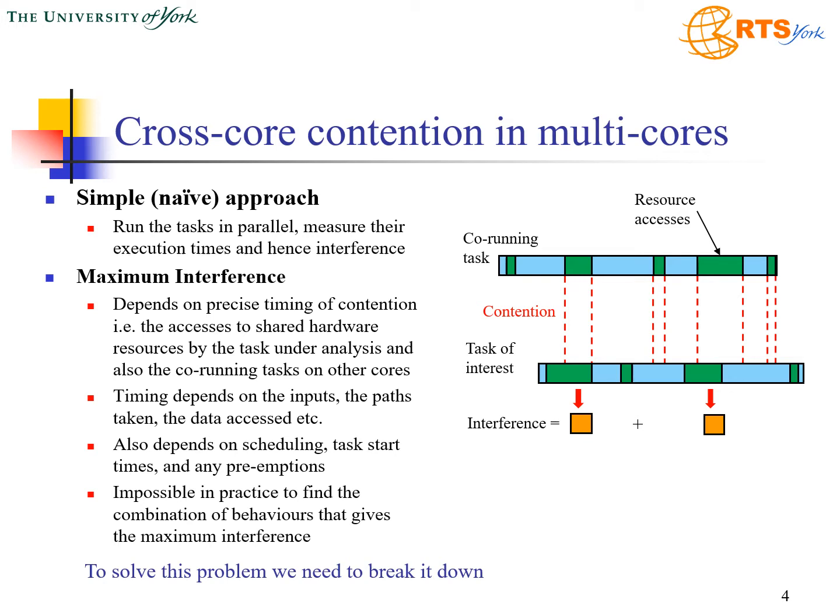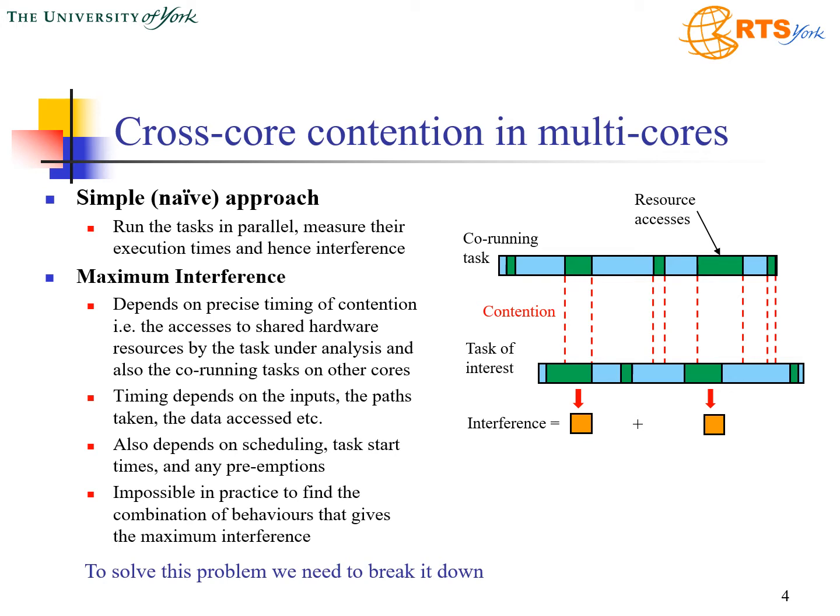In other words, the timing of accesses to shared hardware resources by the task under analysis, and also the co-running tasks on other cores. This timing depends on the inputs to the tasks, the paths taken, and the data accessed. It also depends on the scheduling policy, the task start times, and any preemptions. Unfortunately, in practice, it's impossible to find the combination of behaviours that gives the maximum interference.